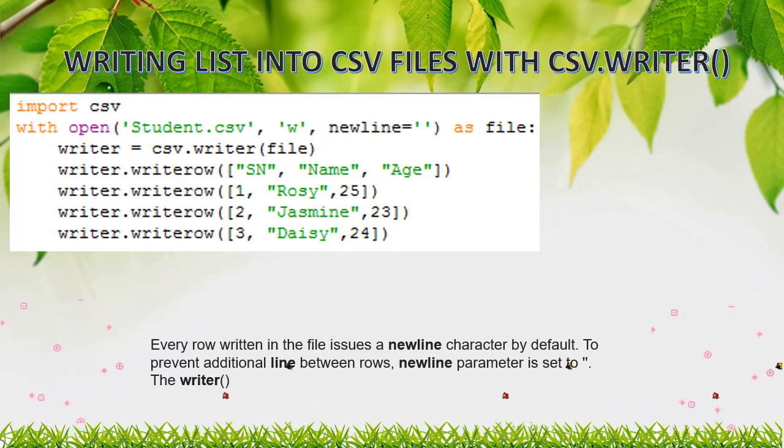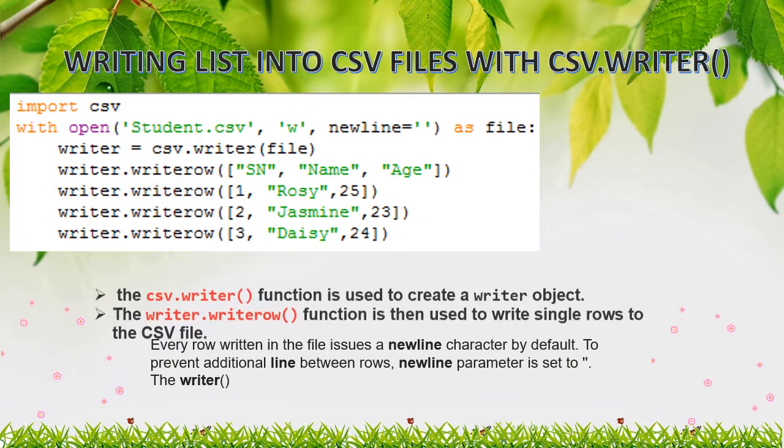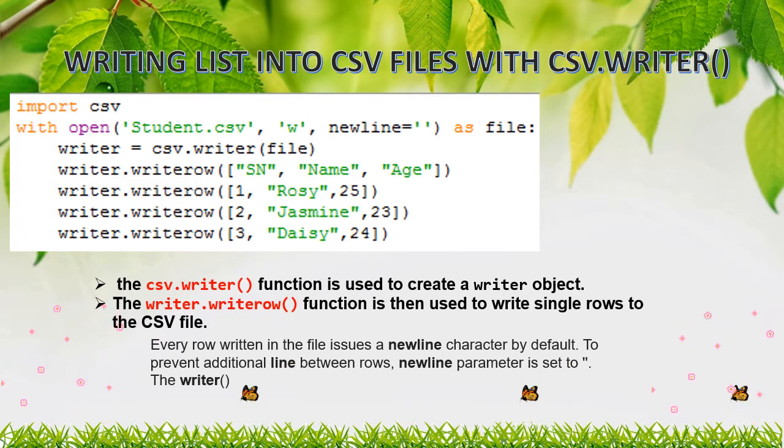If we don't give it, everything will be combined, so we have to give the newline attribute. The file object is file, and the csv.writer function creates the writer object used to write the row in the file. So the writerow function is used to write one row into the file.